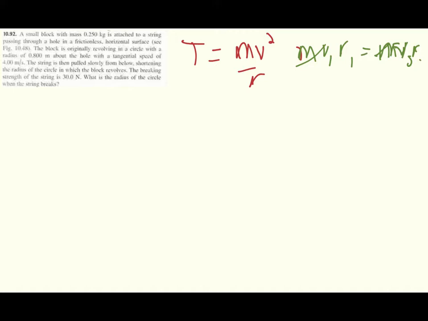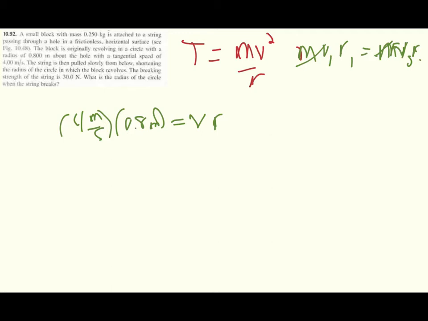Okay, so let's start plugging things in. We've got 4 meters per second times 0.8 meters. Remember, those are the numbers describing it when it first starts, equals v r.